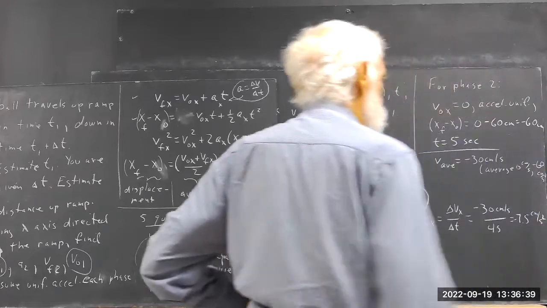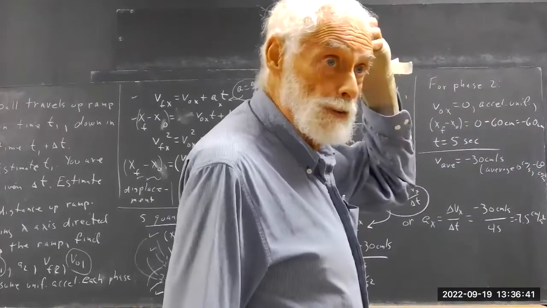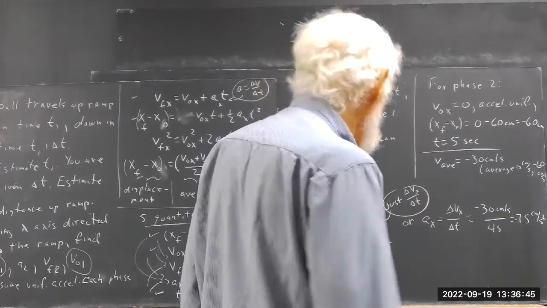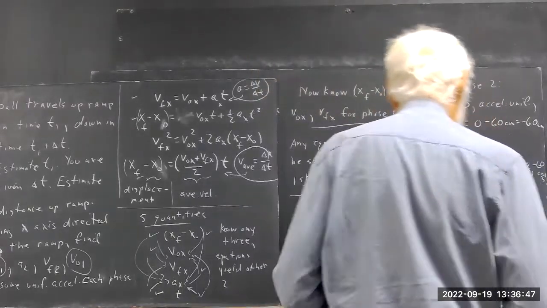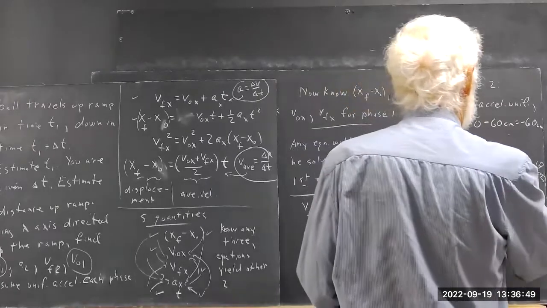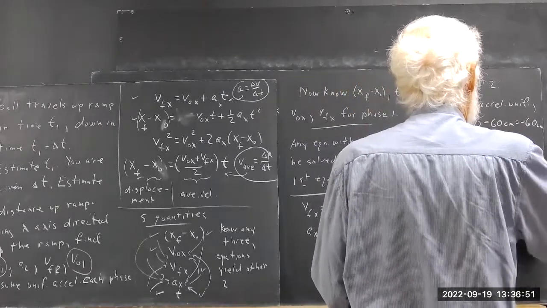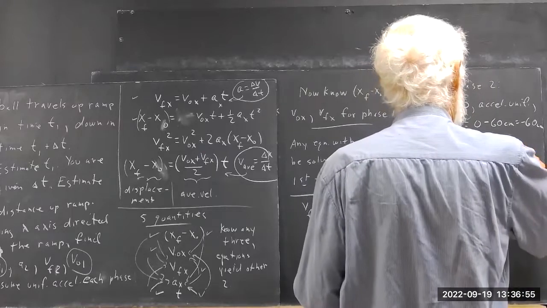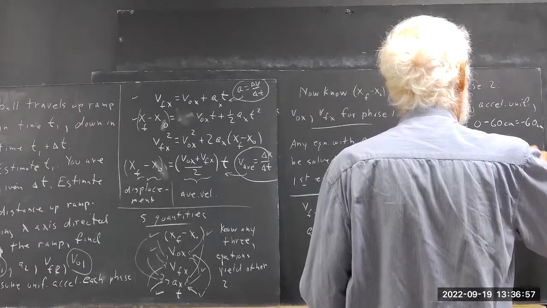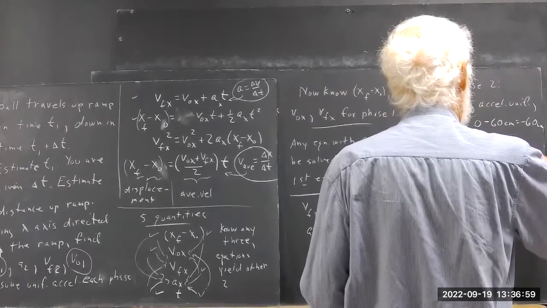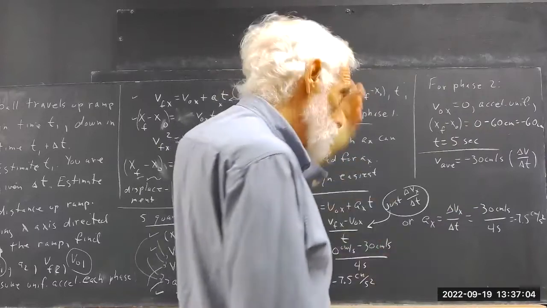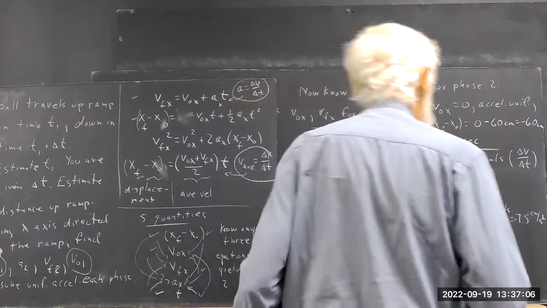I just averaged 0 centimeters per second and negative 60 centimeters per second. No, no. It's delta v over delta t. Sorry. Different information.